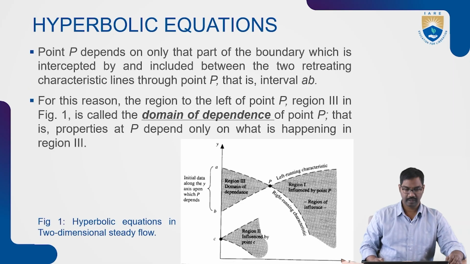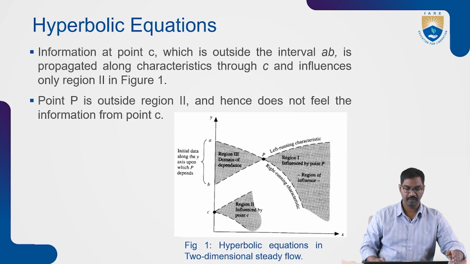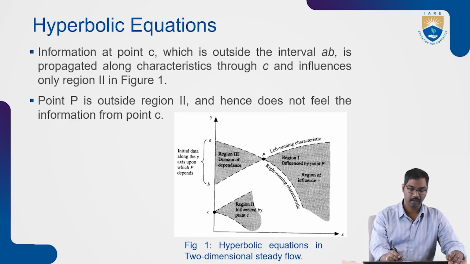If we consider the hyperbolic form of equations in region 3, region 2 is out of the domain with respect to point C, so it is not similar to point P. Point C is on the boundary line, along which we have some particular region, but the solution of point P is not influenced by or dependent on this region.